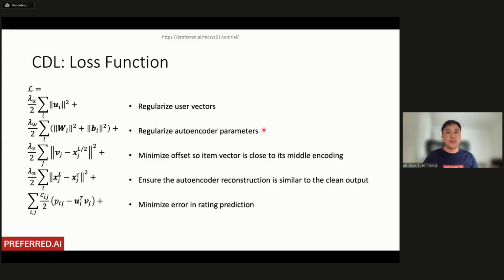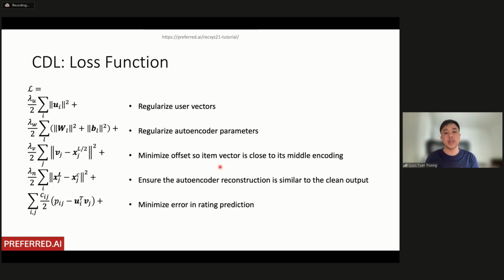And then this CDL model results in this loss function. So the first two terms are the regularization that comes out of the assumption of the distribution of the weights. And then the third term here, we can see, is minimizing the difference between the item vectors and the hidden representation. Basically, this is to enforce the item latent vectors to be close to its text hidden representation.